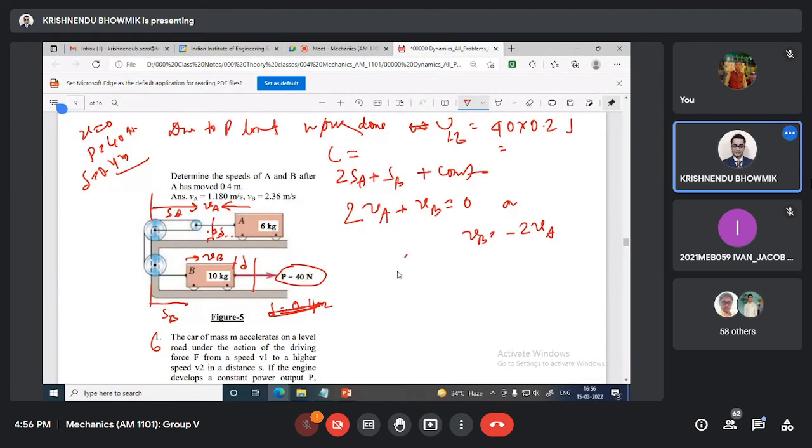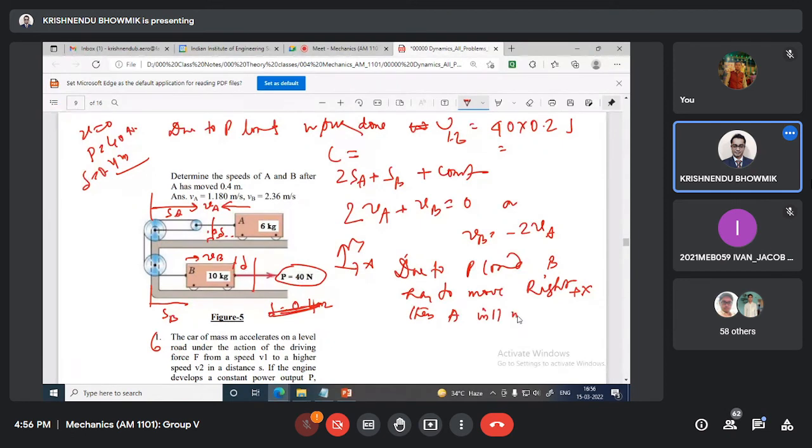Now, due to P load, B has to move right, positive x. So this is y. Then A will move in negative x. This sign is indicating the same: one is positive, the other is negative.